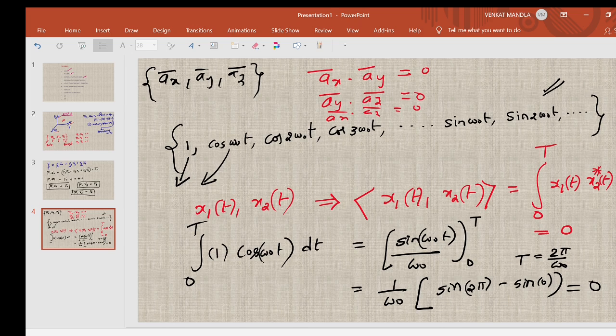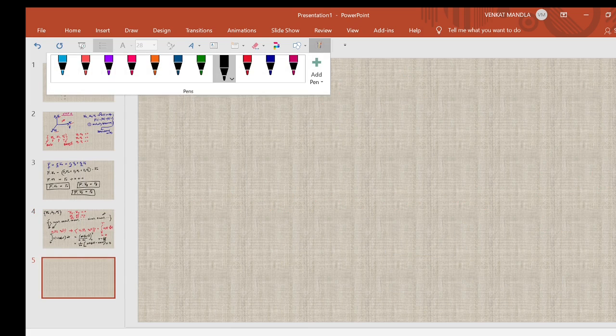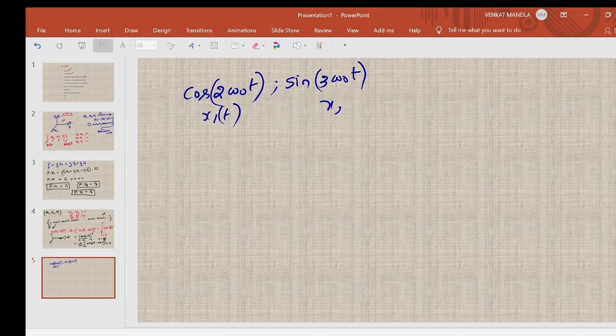And I will take one more pair. I will take cos 2 omega naught t and sin 3 omega naught t. This is x1(t), this is x2(t).